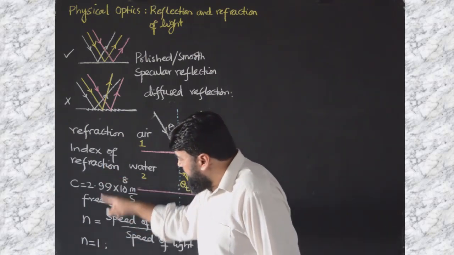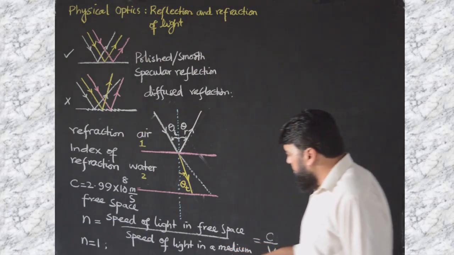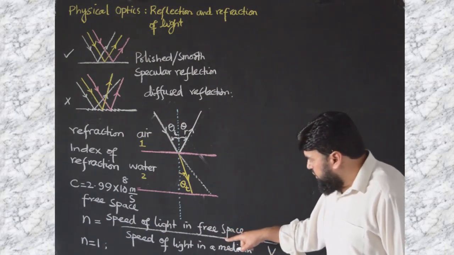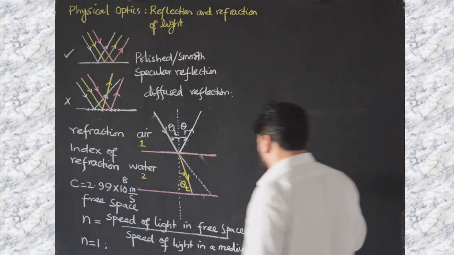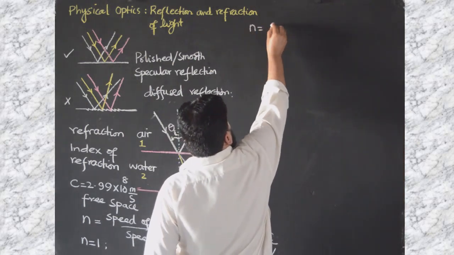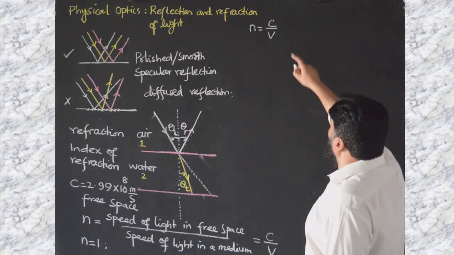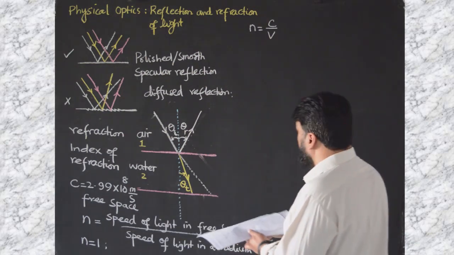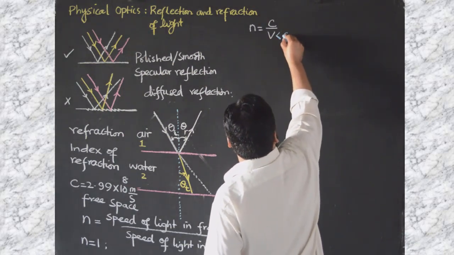Index of refraction is a ratio, and it gives us the idea of how light is slowed down inside a medium. Now I can write that n is equal to c over v. Now we know for any other medium, this v will always be less than c.